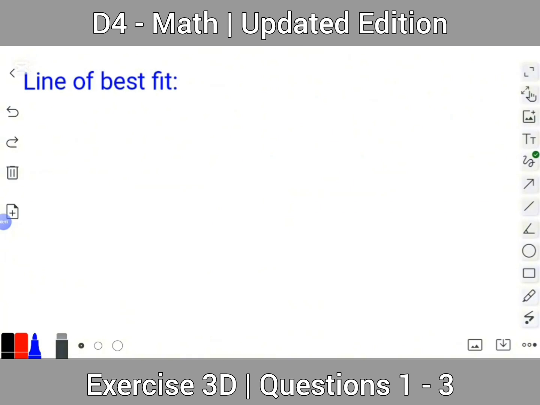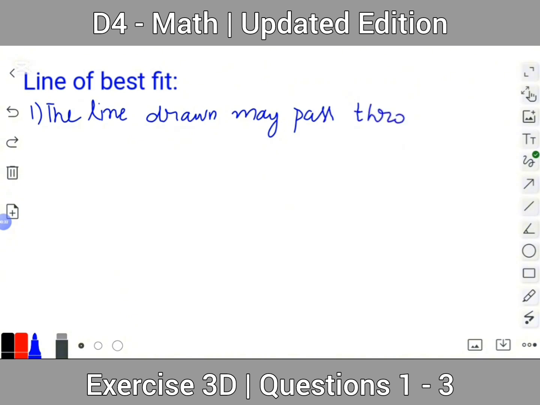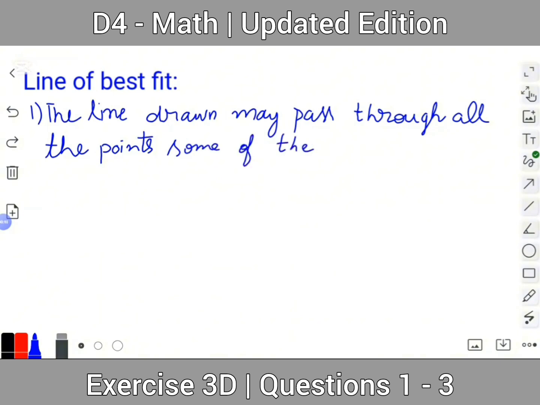The first point is the line drawn may pass through all the points, some of the points, or none of them.